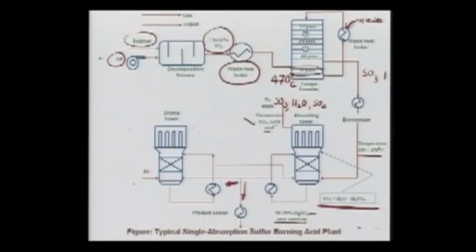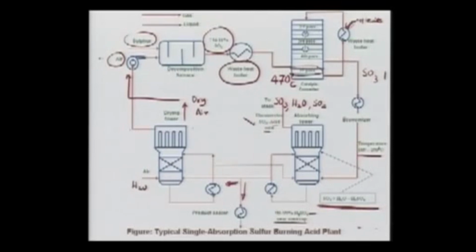Here you may have some moisture, but what goes out is dry air. It's very important to have dry air in the process, and this is the stream for the dry air. So what you need to observe here is that the conversion is important.